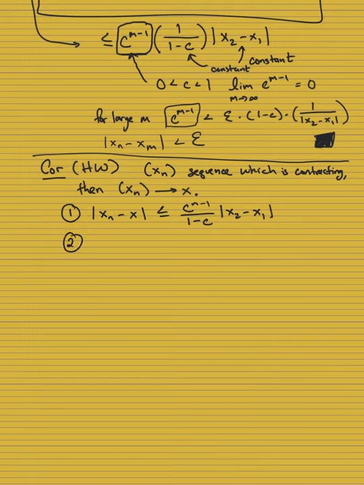Similarly, I have this distance, it's the same as saying c over 1 minus c times x_n minus x_(n-1). So once you know where you're starting, maybe the distance between the first two terms of your sequence is 1.